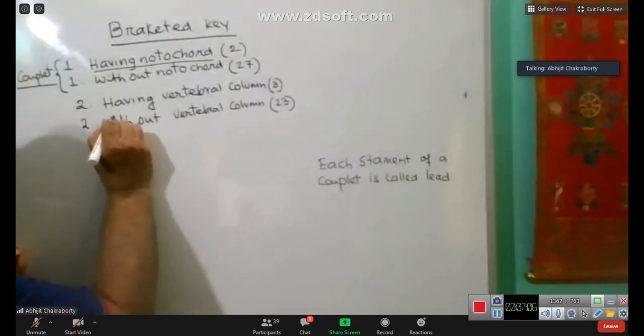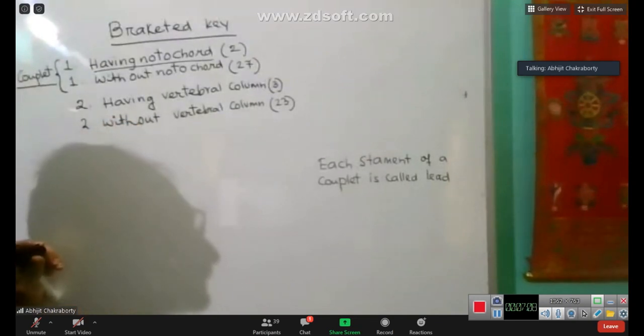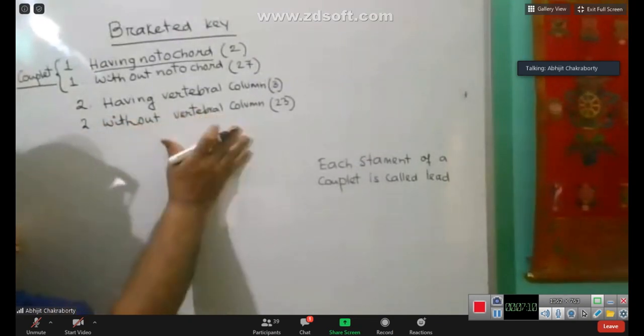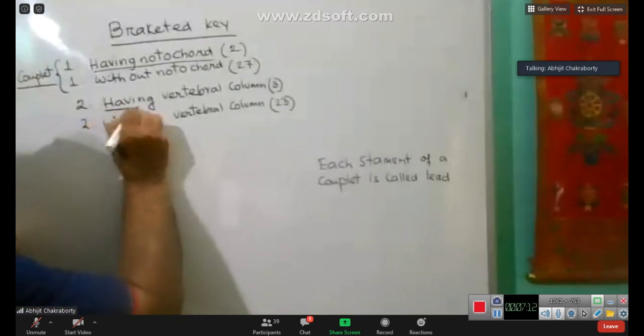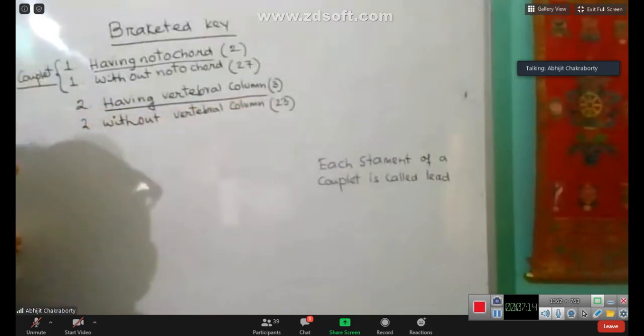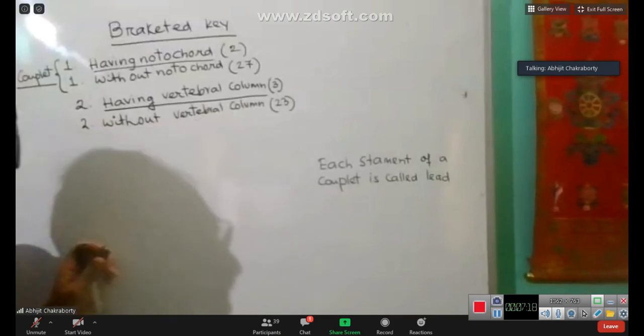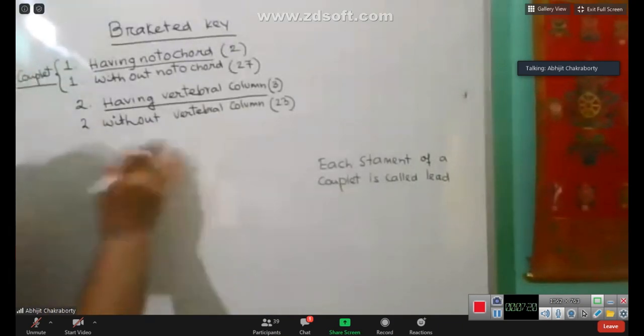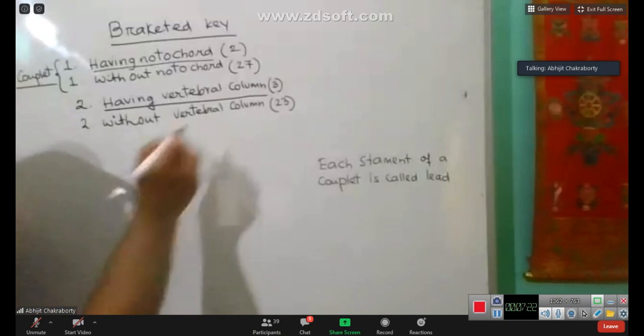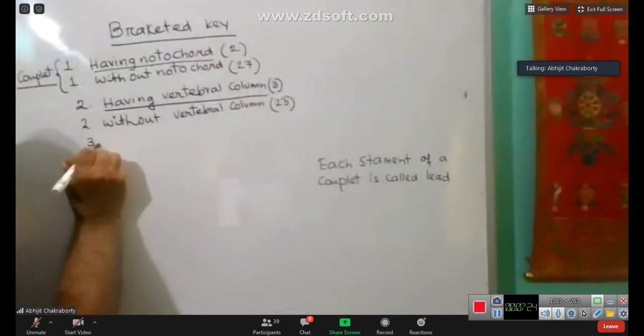So here, again, suppose the animal is with vertebral column. So it is selected, and automatically without vertebral column is rejected. So what to do? We have to follow what is written in 3.